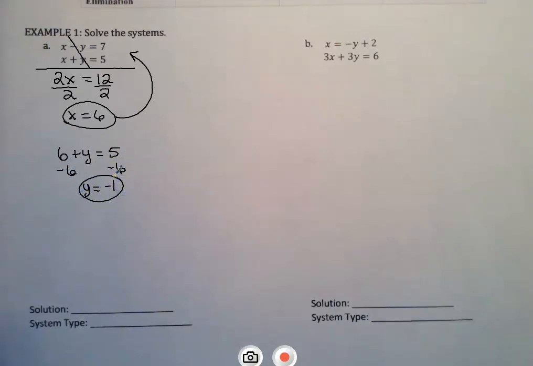All right, so my solution is what? 6, -1. And what system type is this? If it has an ordered pair for a solution, consistent. Whichever way you want to write it. So consistent, independent.